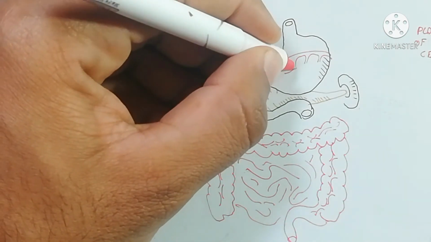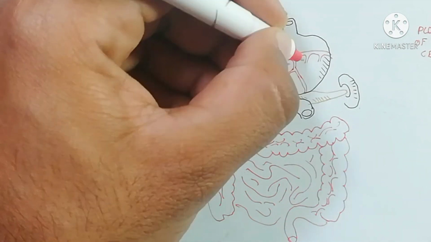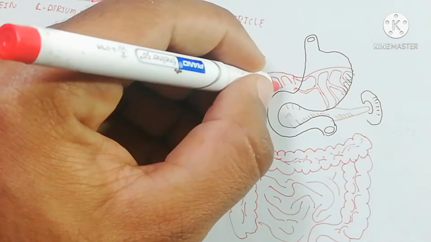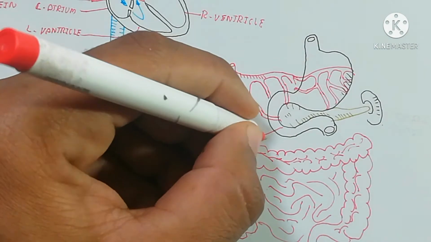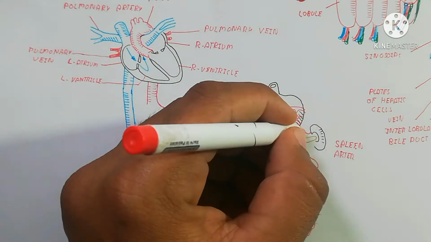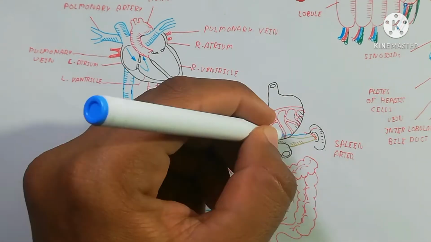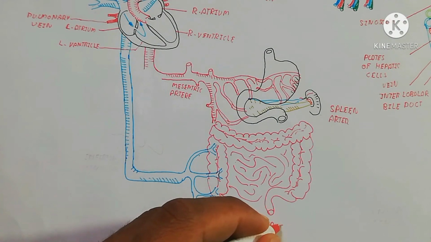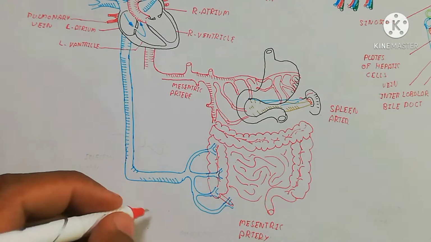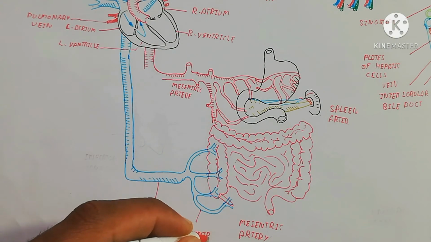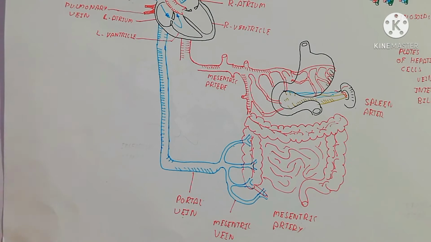What is the mesenteric artery? The mesenteric artery goes to the stomach, small intestine, large intestine, spleen, pancreas, and duodenum, giving them oxygenated blood, and the mesenteric vein carries deoxygenated blood, which goes into the portal vein. This portal vein goes first into the liver.